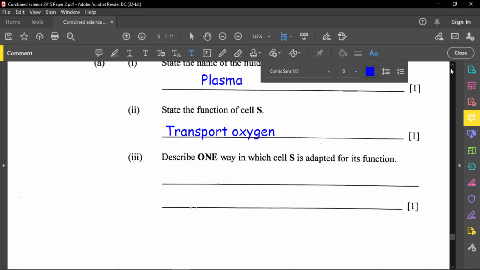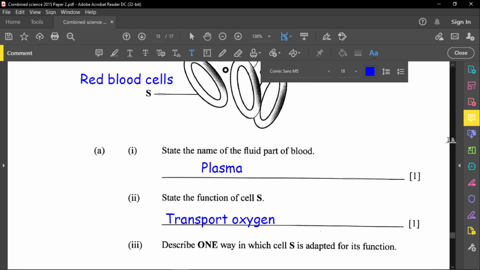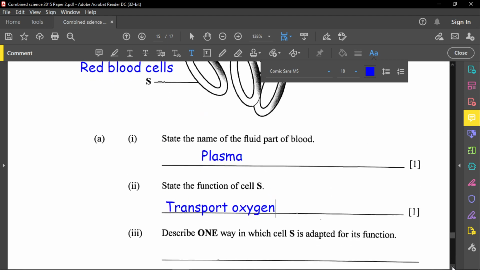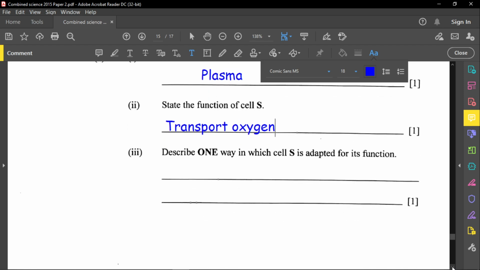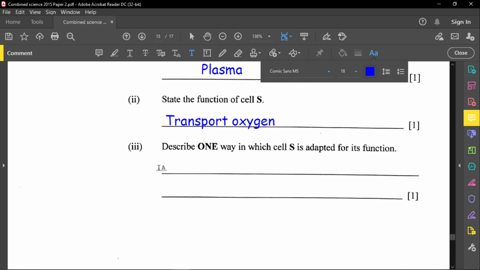Cell S here is the red blood cell. How red blood cells are adapted for their function has a number of reasons. Some have given more than one reason. One here is no nucleus. How is that advantageous? It's simple, because with no nucleus, you have more space to carry more oxygen, right?